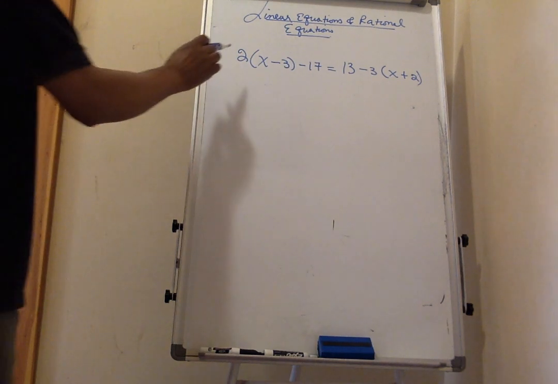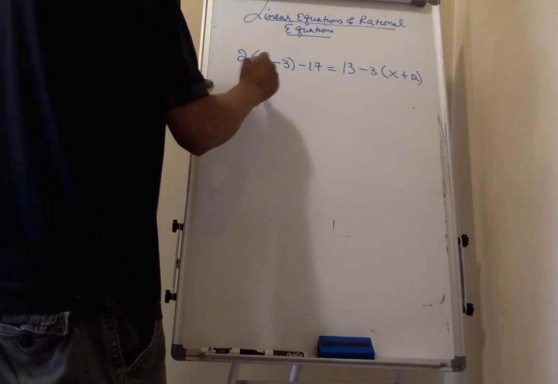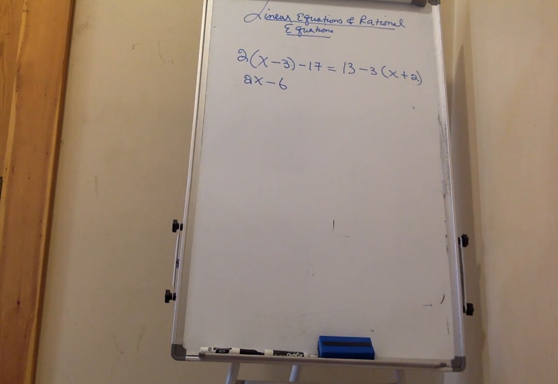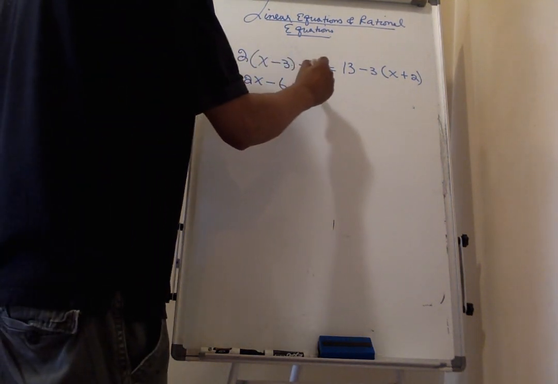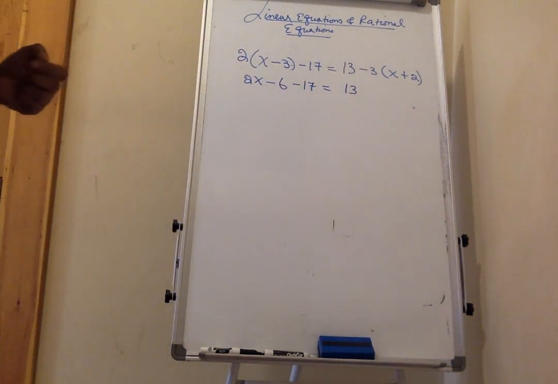So I'm going to distribute 2 to everything inside for the first one. If I distribute 2 to everything inside, I get 2x minus 6. Then bring down negative 17 is equal to 13. This time be careful. You're not only distributing 3, you are distributing negative 3.